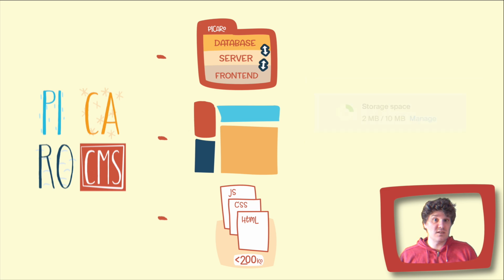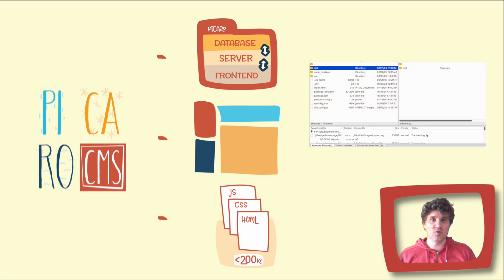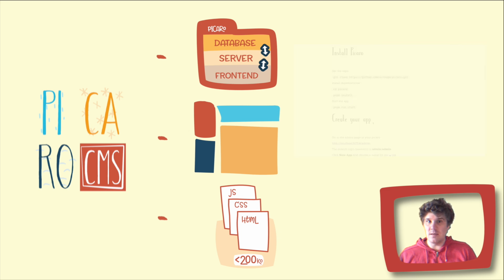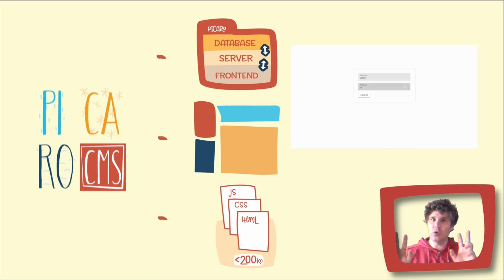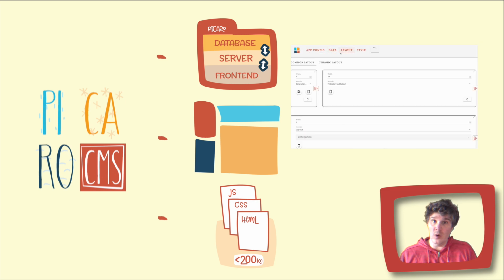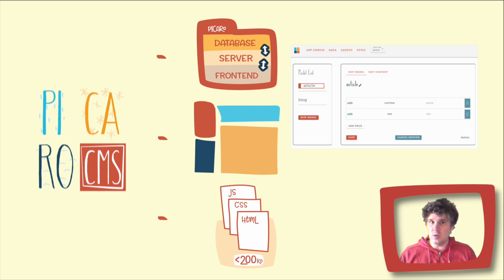So you can just take your static Picaro, drop it in there, and it will just work. You will have a website with a domain name for just the price of the domain name. Alternatively, if you prefer, you can also use Picaro as a normal CMS with online edition. Both options are available out of the box.